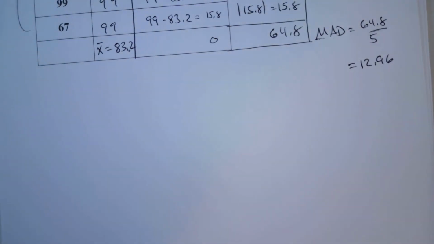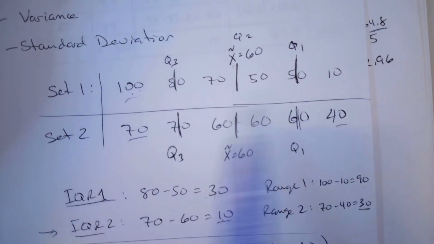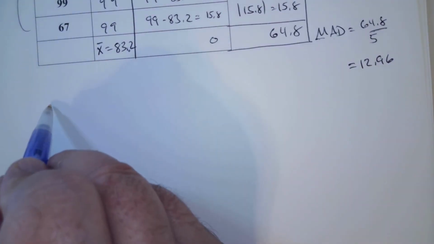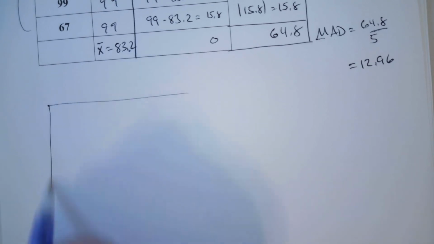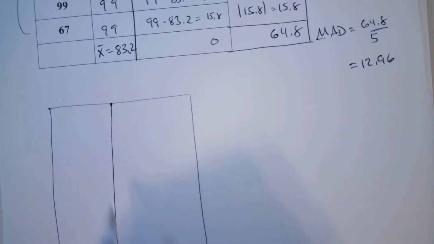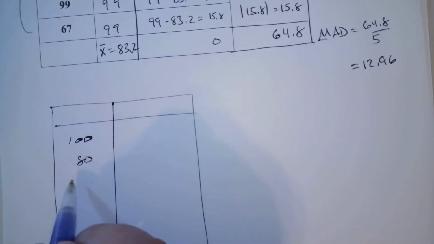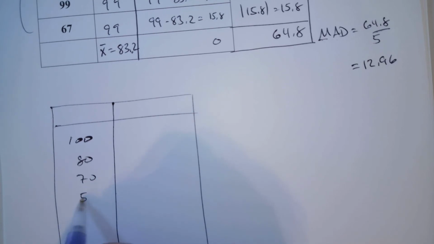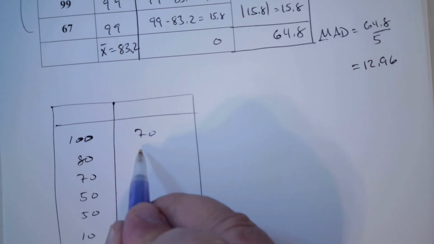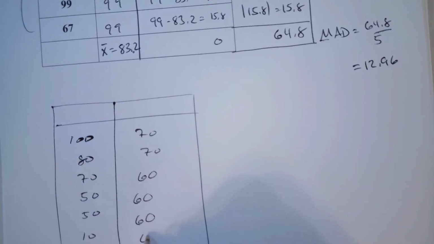Now, if we looked at our other data, if we did the same thing here with both of these: 100, 80, 70, 50, 50, 10, and 70, 70, 60, 60, 60, 40.